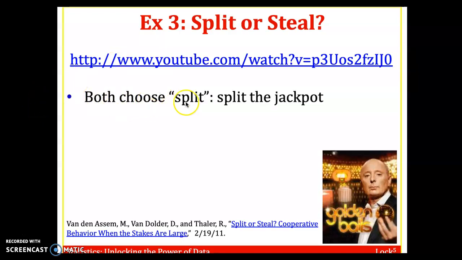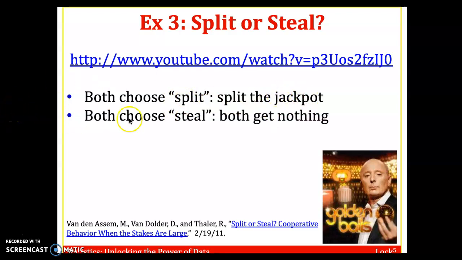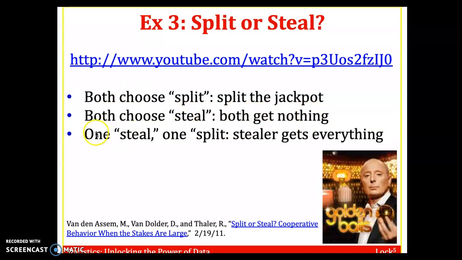But if both choose split, they split the jackpot. If both choose steal, they both get nothing. These are 2 players playing against each other. If one steals and one splits, the stealer gets everything. This is a variation of the prisoner's dilemma.